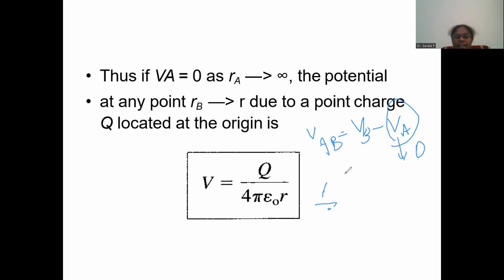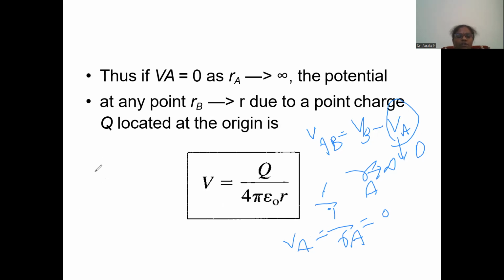What does it mean that VA is 0? It means RA tends to infinity, because if RA tends to infinity, 1 by RA is 0, so VA is also 0. So the potential at any point RB, tending to R, due to point charge Q located at the origin: VA is at a far distance, and VB is at the origin.